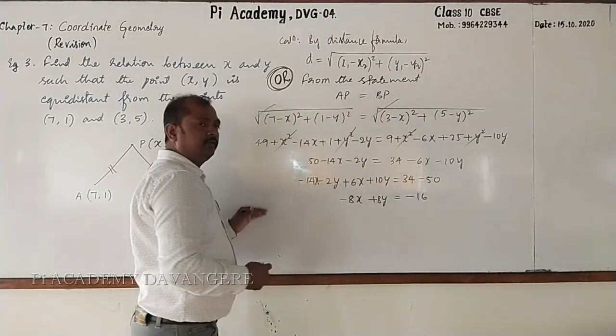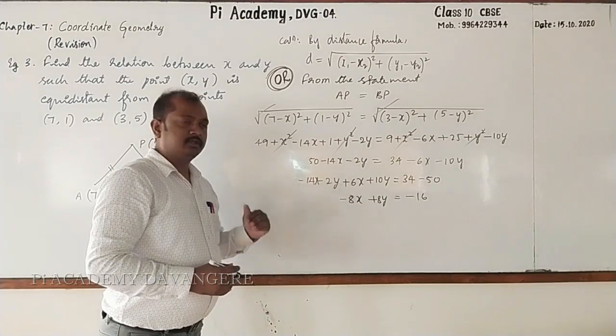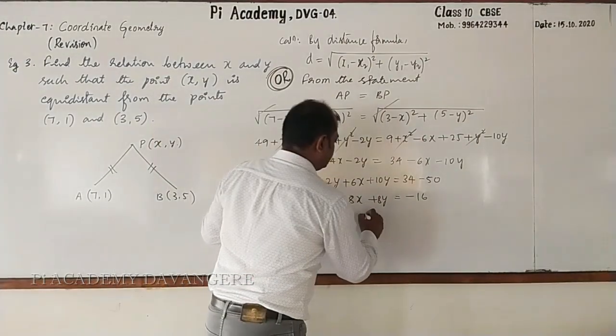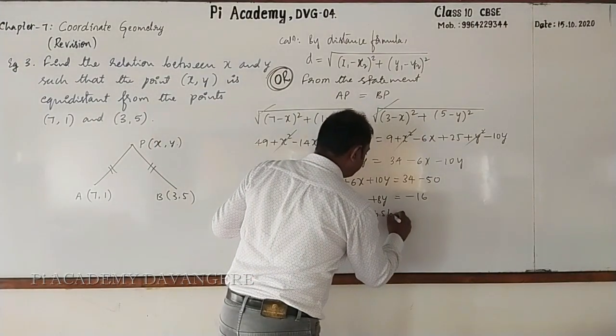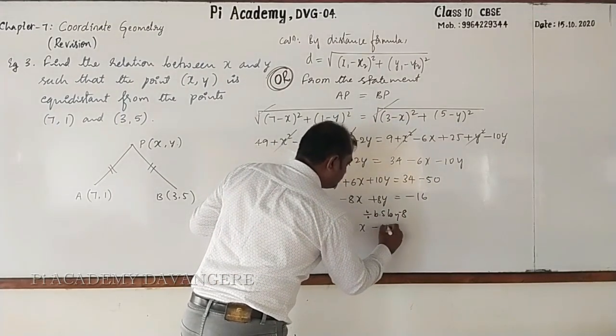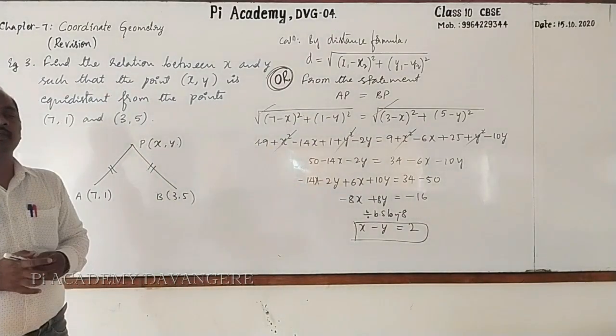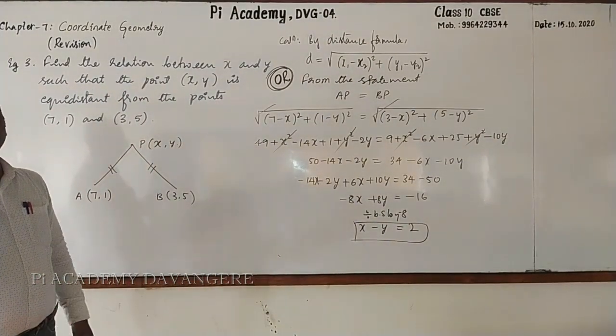See, again we have to divide all the terms by 8 because they are all multiples of 8. Divide both sides by minus 8. It will be x minus y is equal to 2. See that? Again we have got the same. Any one of these two methods can be followed.